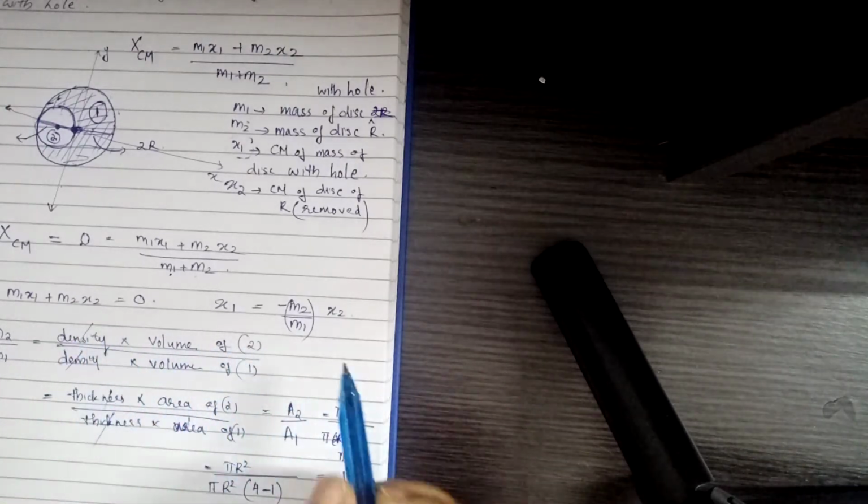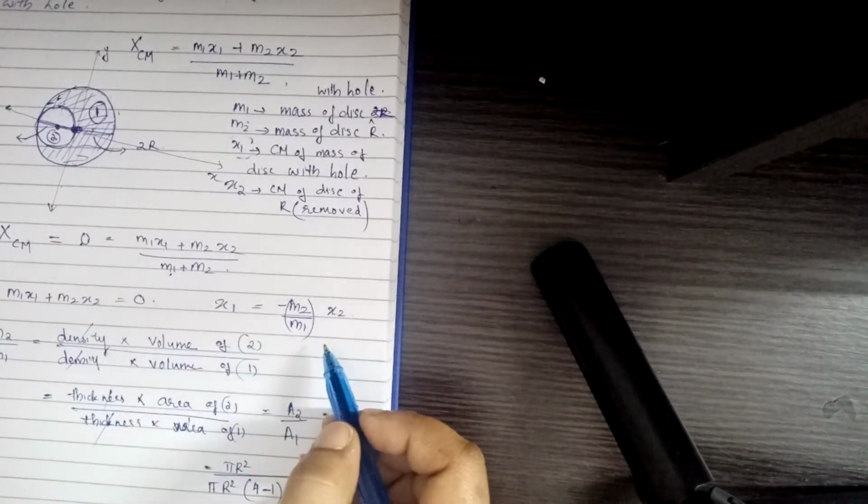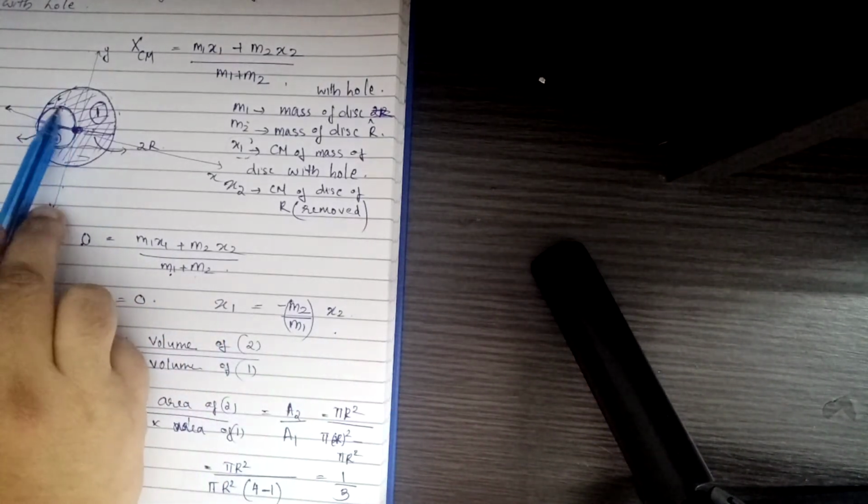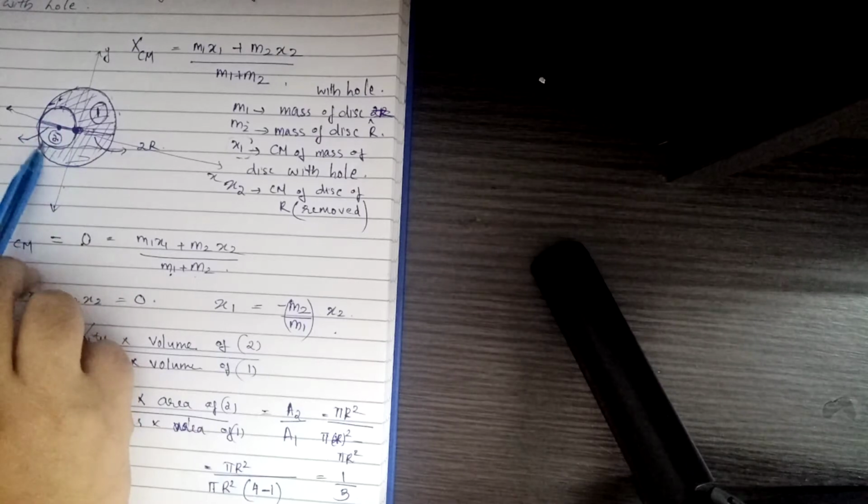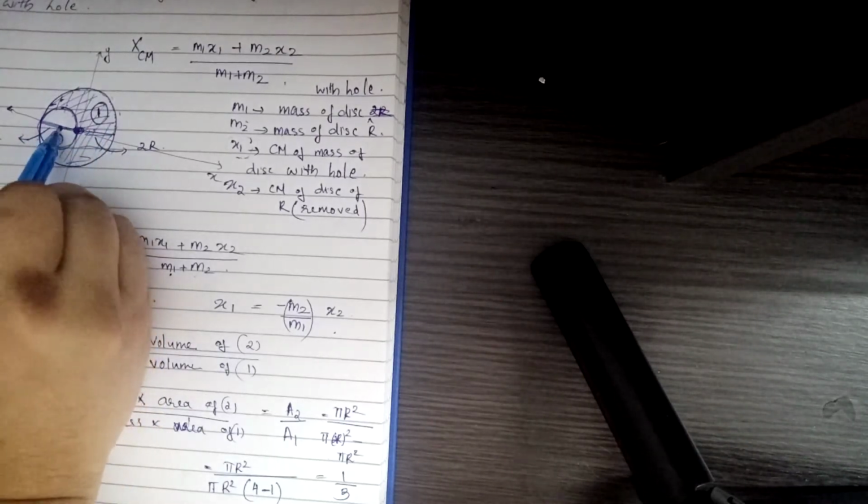Now we also have this x2. x2 is actually the center of mass of this removed portion. The center of mass of the removed portion will lie at its center.